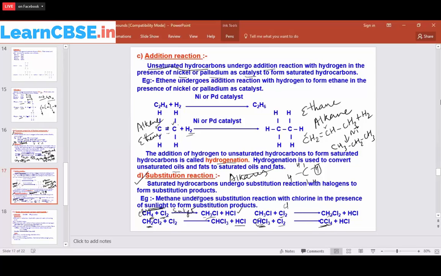So tetrachloro, one carbon atom is present, so methane, tetrachloromethane plus HCl. This substitution reaction occurs only in the presence of sunlight. If we do not stop the reaction, all the hydrogen atoms of the alkane molecule are replaced with chlorine atoms.